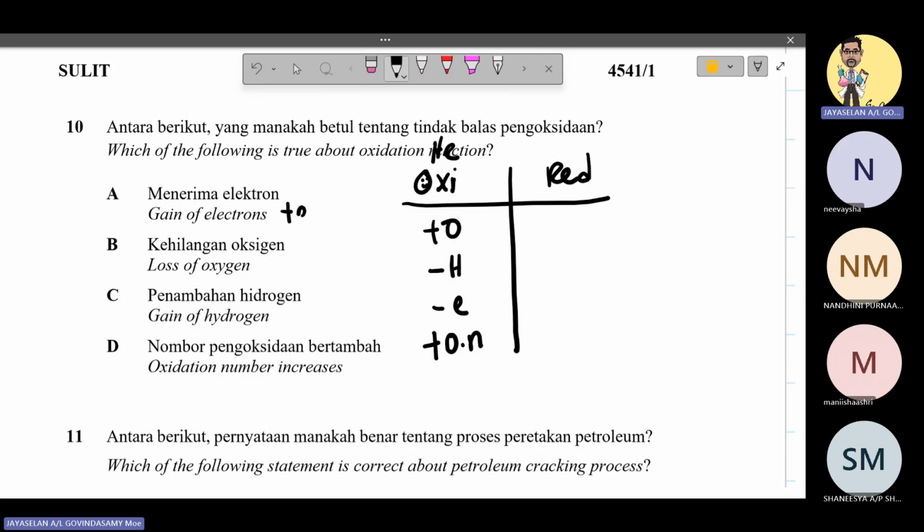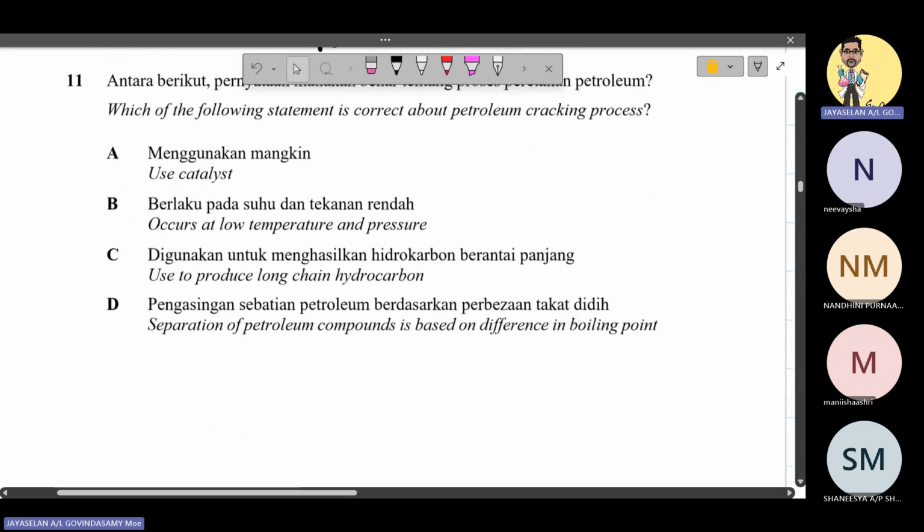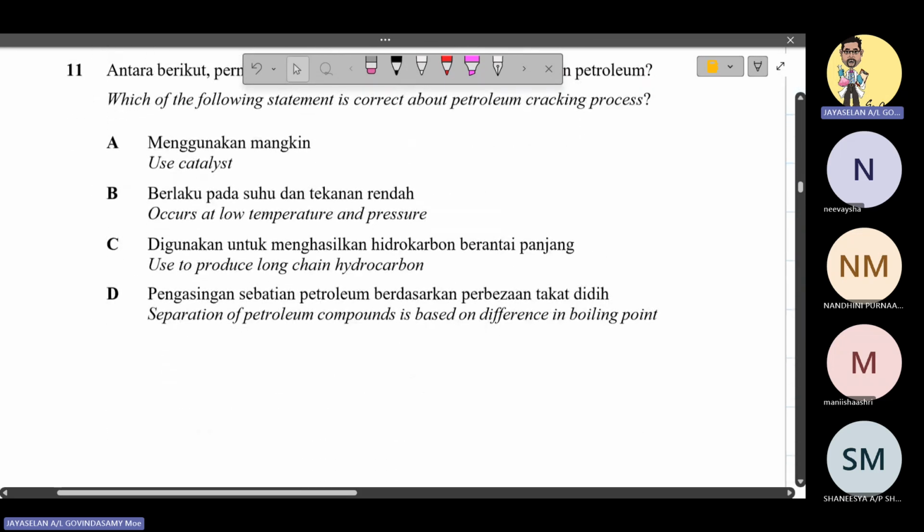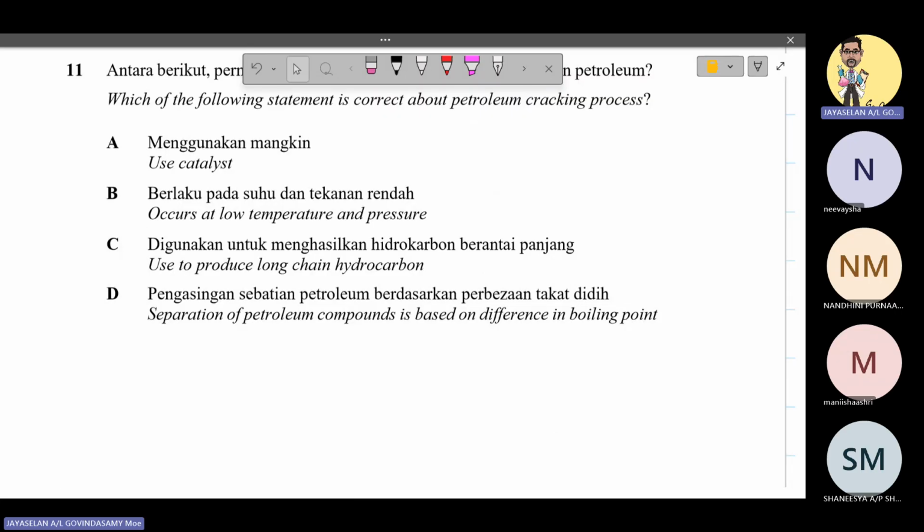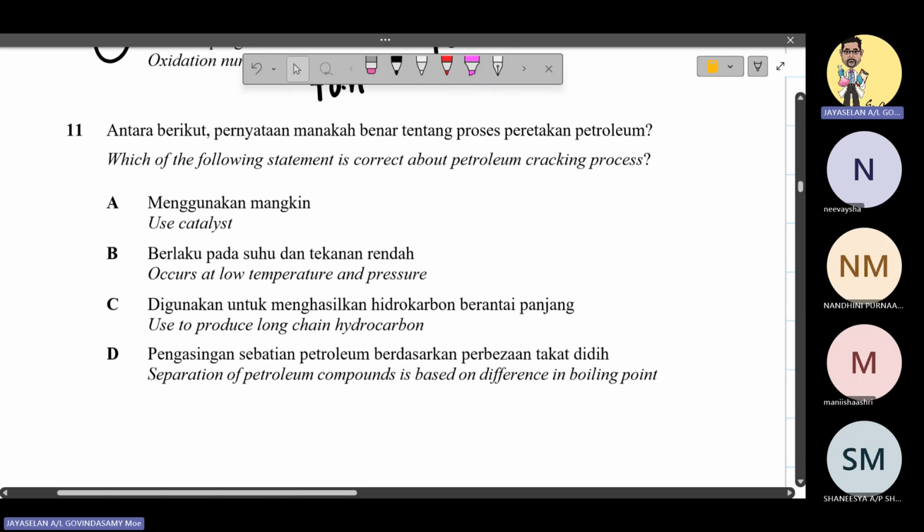So here accept electron, loss oxygen, accept hydrogen, decrease in oxidation number. So which one is your best answer? D. Any question? And the book I gave to you all, inside there I did calculation to determine the oxidation number. Practice one.